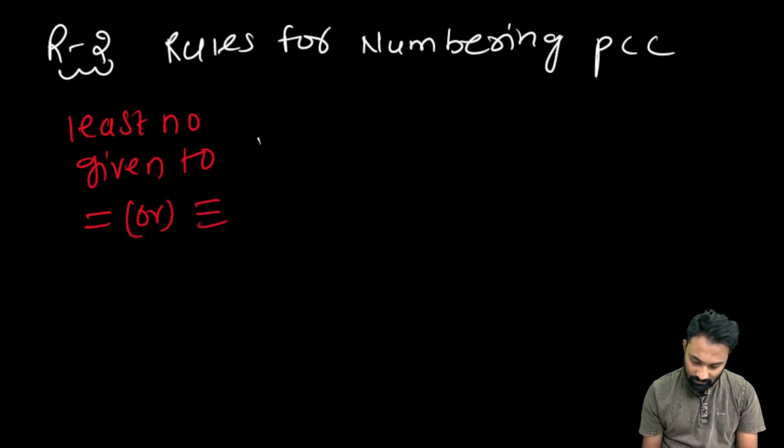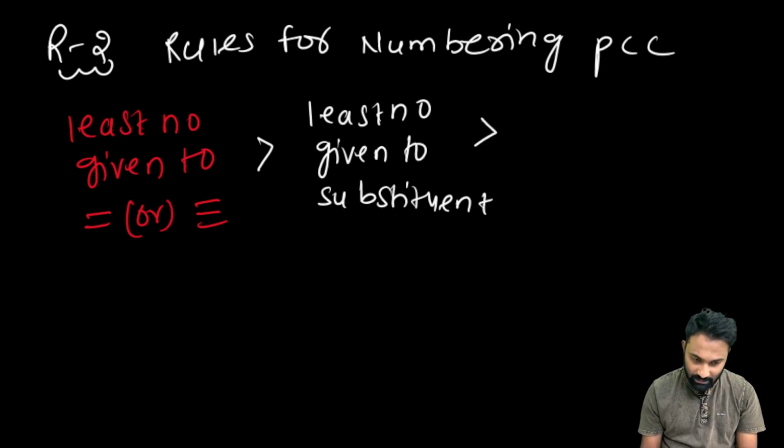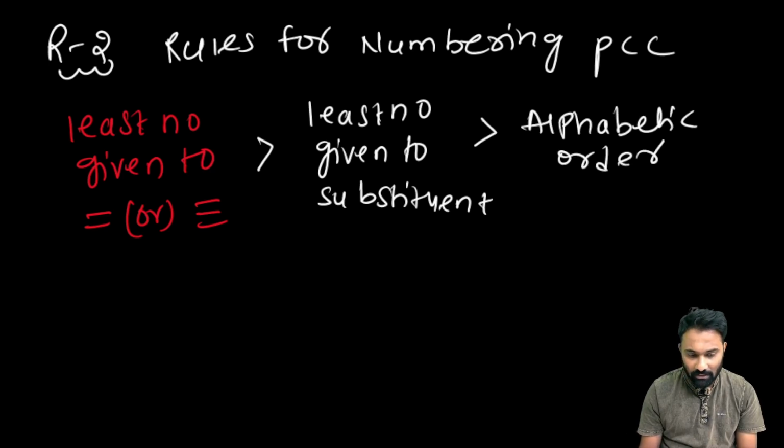Clear? Next, the least number is given to the substituent or branching. Next, follow the alphabetical order.